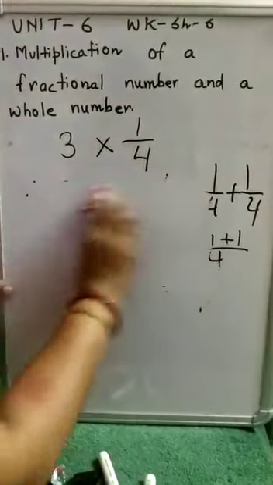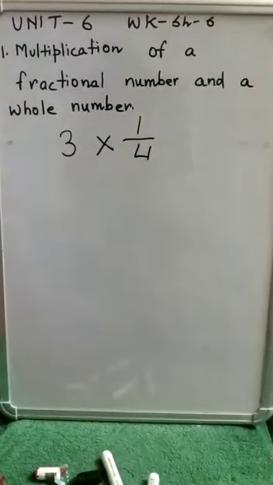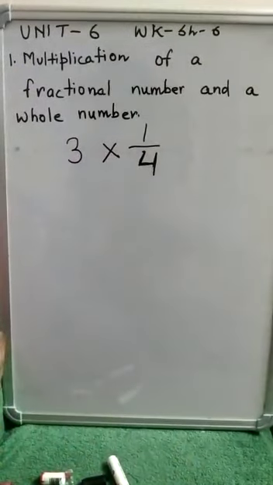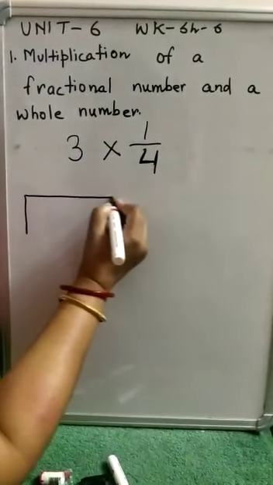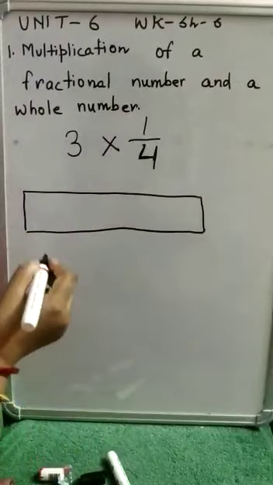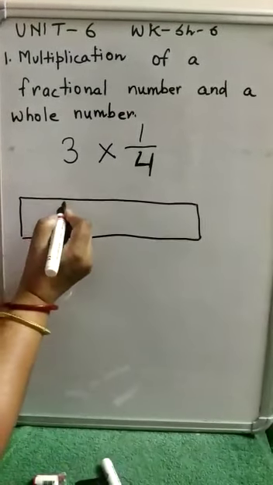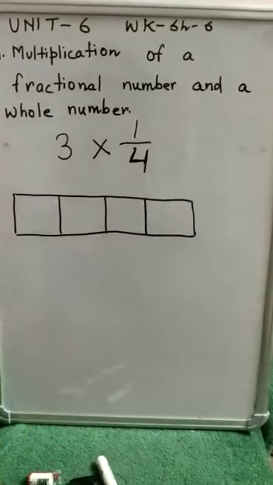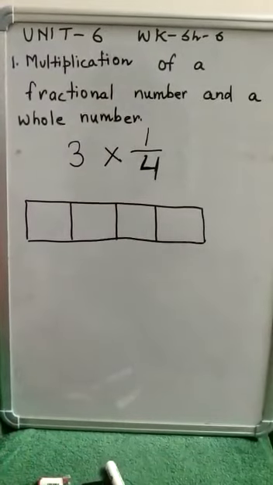Three times of 1 by 4. So here we take a rectangular strip, and we divide this rectangular strip into 4 equal parts. 1, 2, 3, 4. A rectangular strip is divided into 4 equal parts.